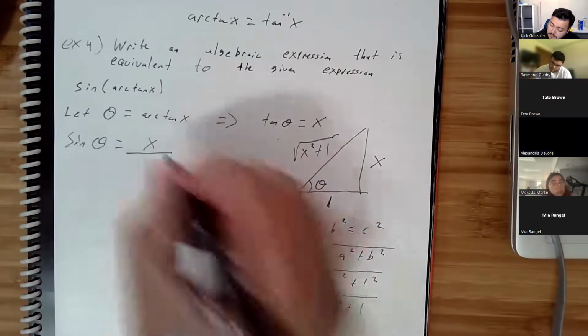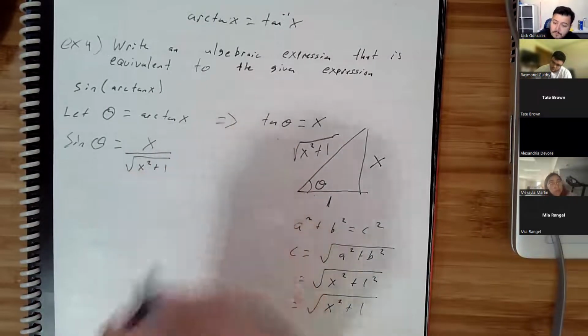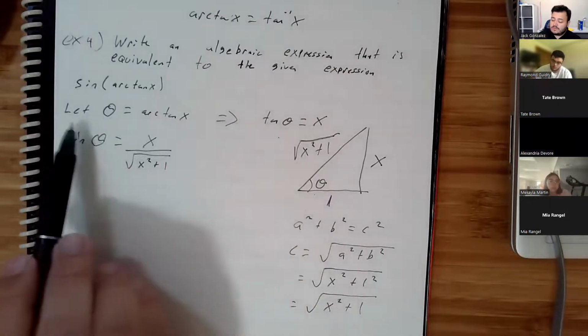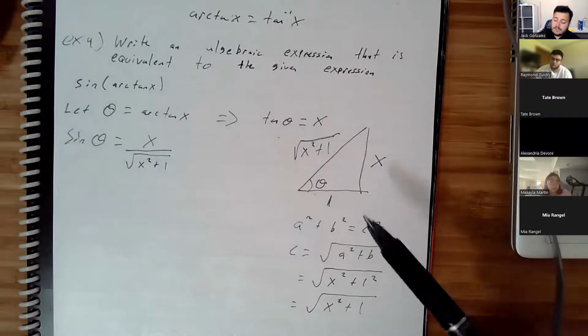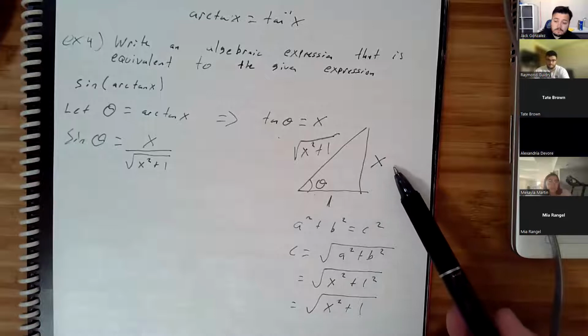So that's it. That's what they wanted. That makes sense. So just use this setup right here, and then you can build the triangle and answer for a general x.